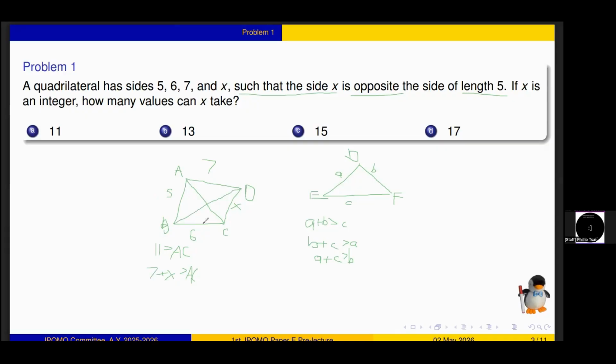So we must have 5 plus 7 is greater than BD, and also BC plus CD, which is 6 plus x, is also greater than BD.